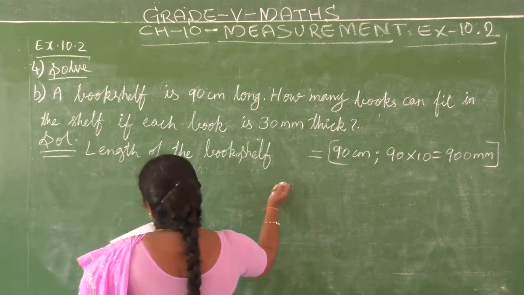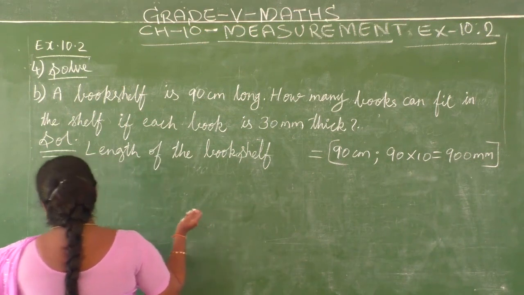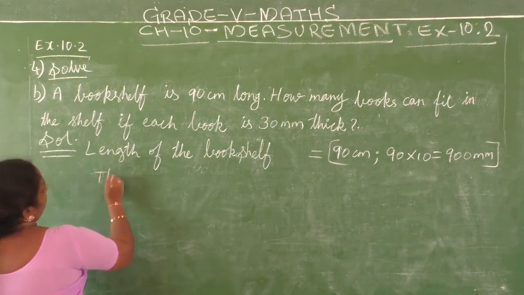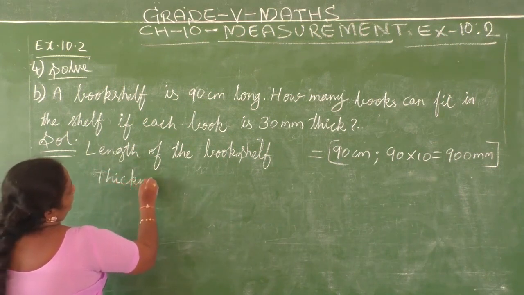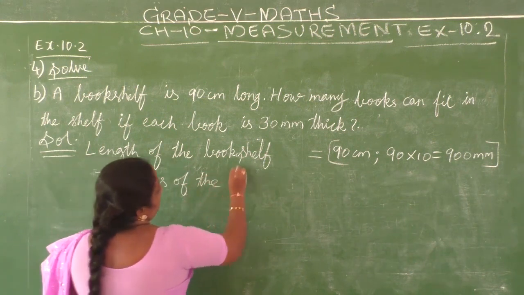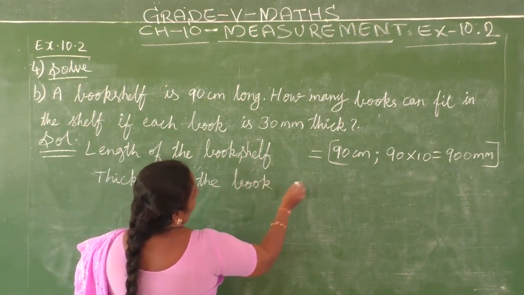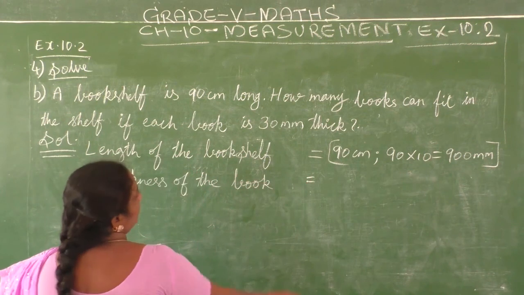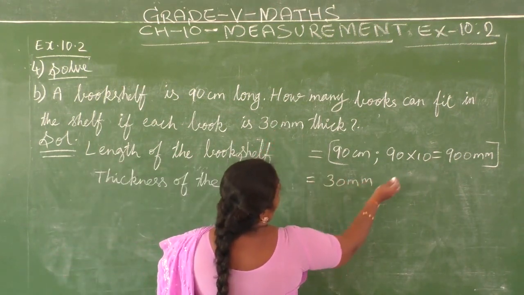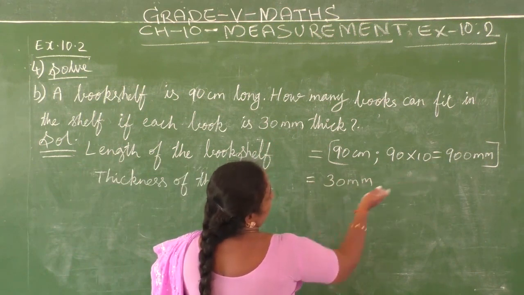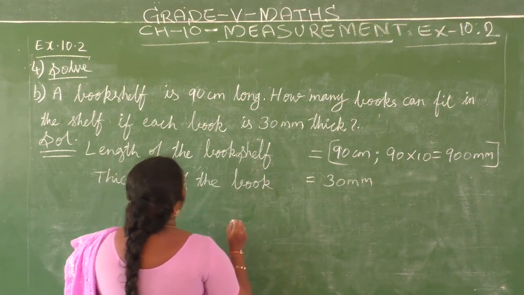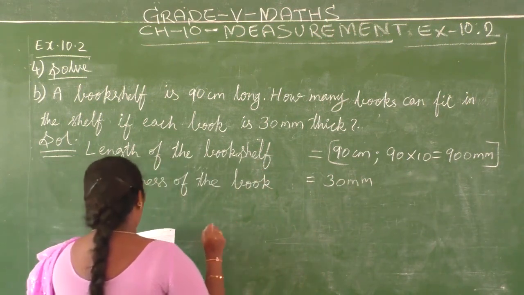Now, thickness of the book. What is the thickness? 30 millimeter. Now we have to divide this 900 by 30. Then only we can find out how many books we can fit into the bookshelf.